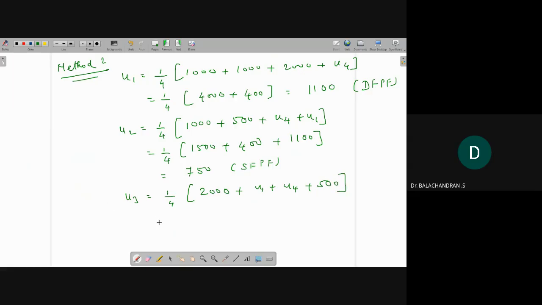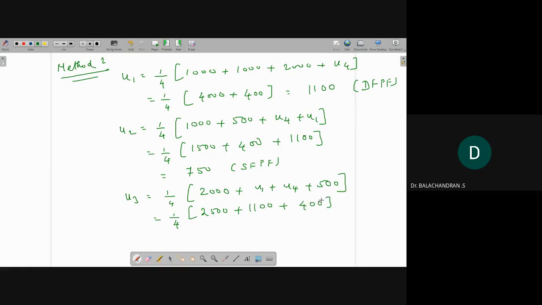So now this is equal to 1 by 4, 2500 plus U1, U1 is 1100, plus U4. U4 we assumed 400.